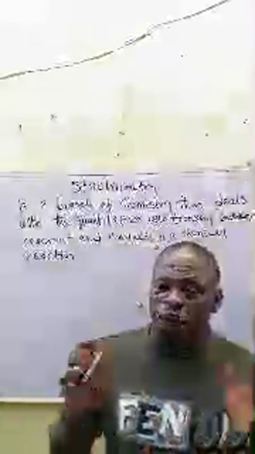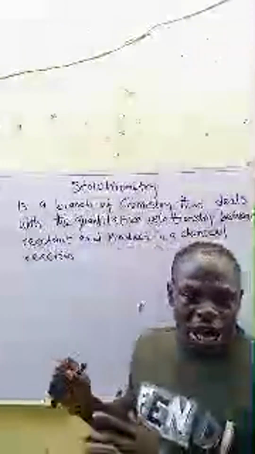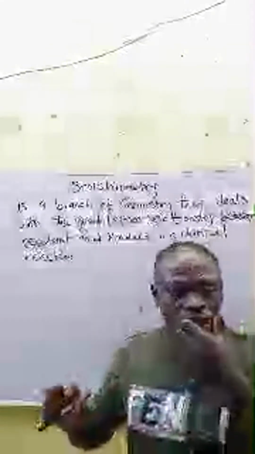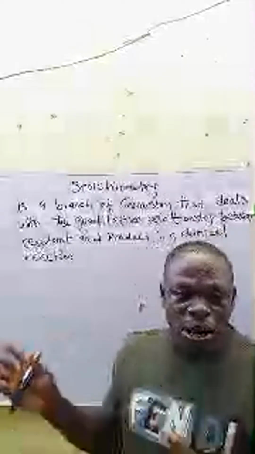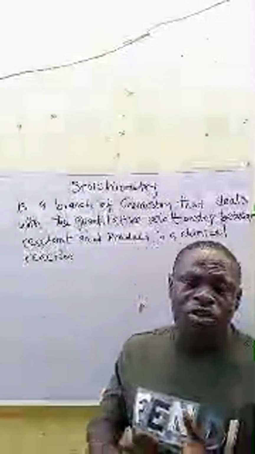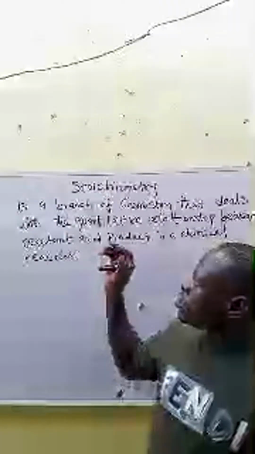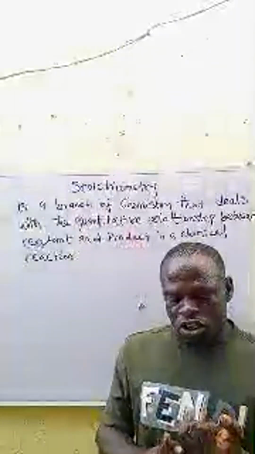That is why anytime you are looking at this problem, you must first of all understand how to balance your chemical equation. Under this topic, we are going to look at a lot of things concerning amount: volume, mass, and mole.